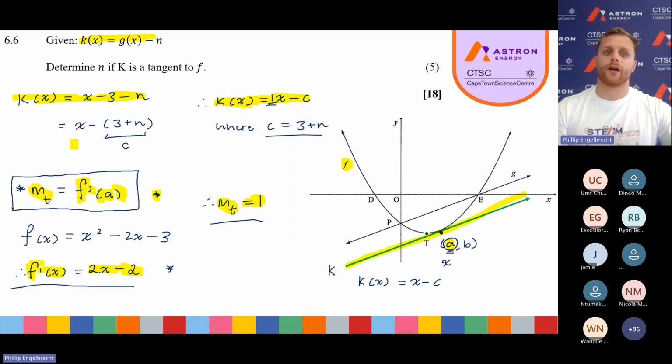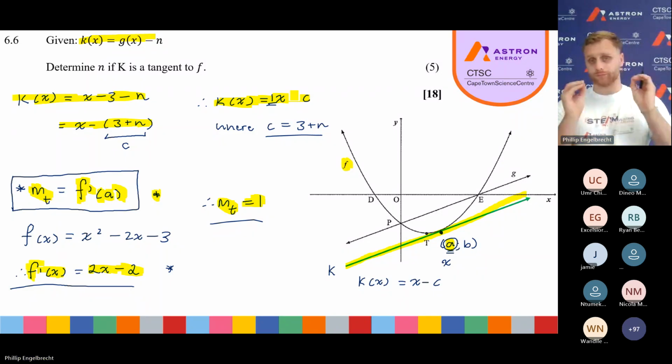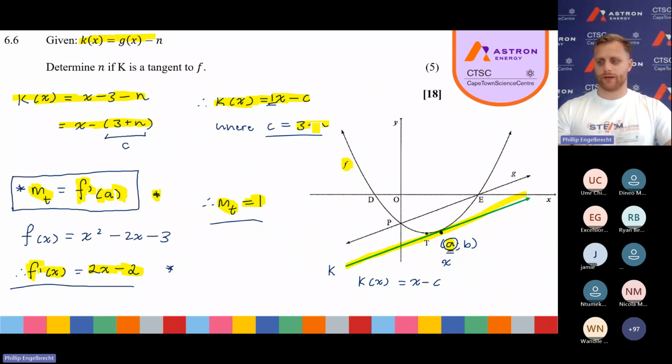I'm going to make it a little bit more simple. I'm going to let this 3 plus n equal c. So now I get that k of x is equal to x minus c, just to make it simpler. So that's what I got over here.